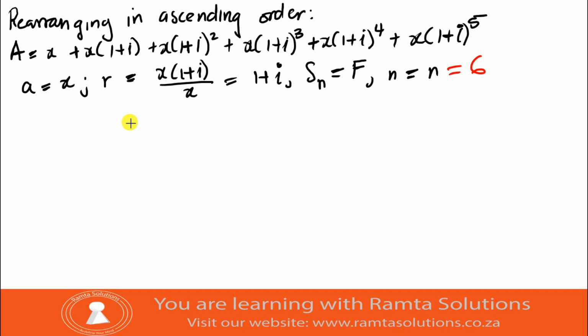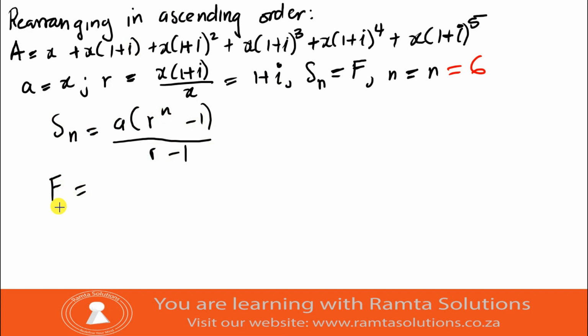Now we're going to say Sn equals a into r to the n minus 1, simply because r will be greater than 1. All right, and we said let's call this F. So I'm going to take it like that, F, and a. What is our a?